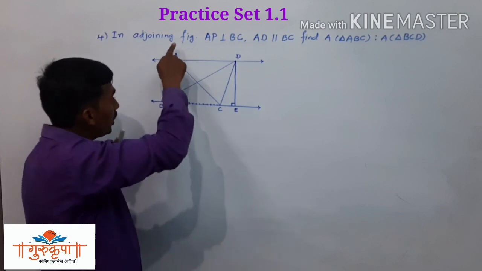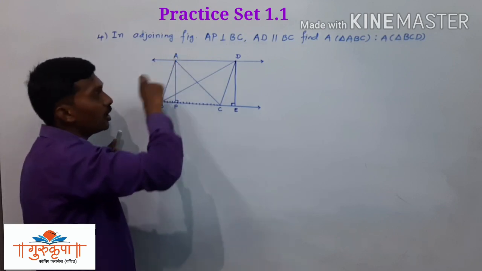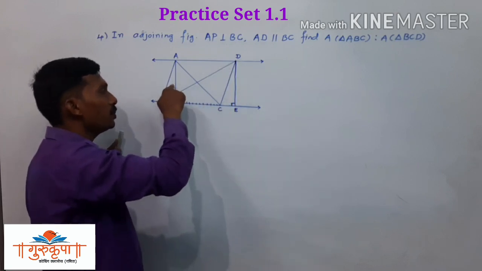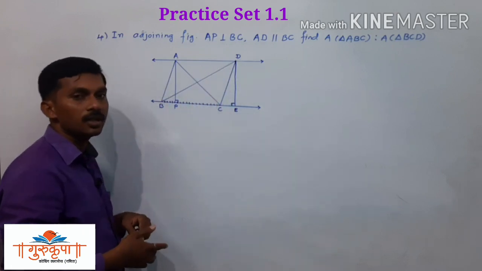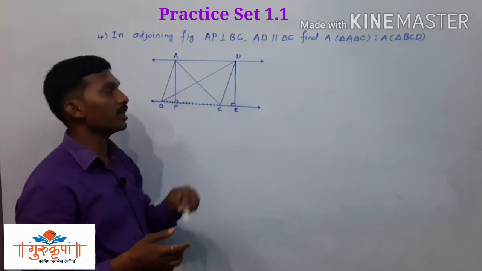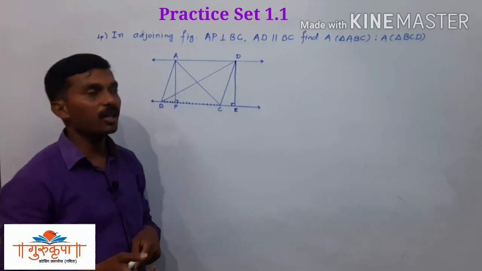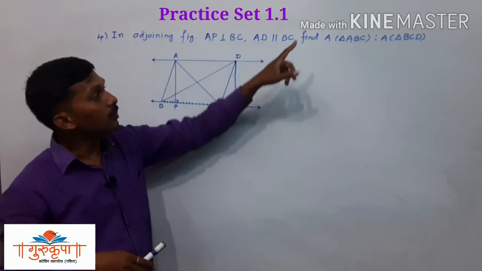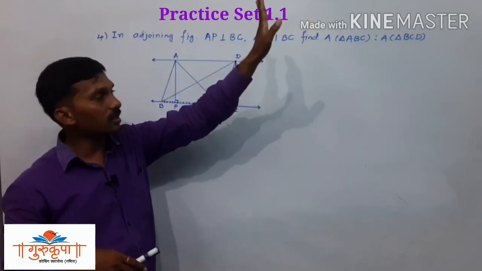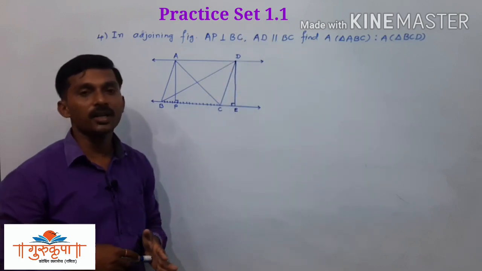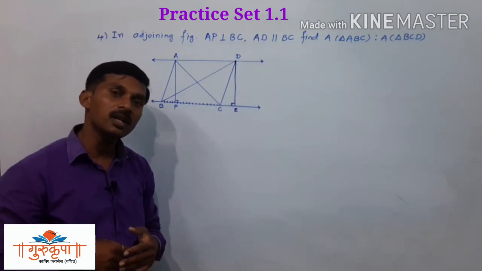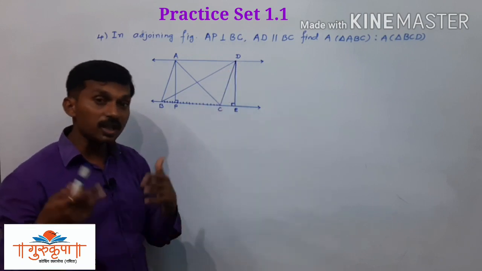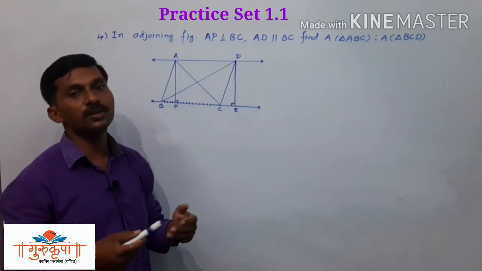The height of triangle ABC is AP, the height of triangle BDC is DE, and AP is equal to DE, since these are the perpendicular distances between the two parallel lines. It means that both triangles ABC and BCD have equal bases and equal heights, so the ratio of their areas is 1:1.